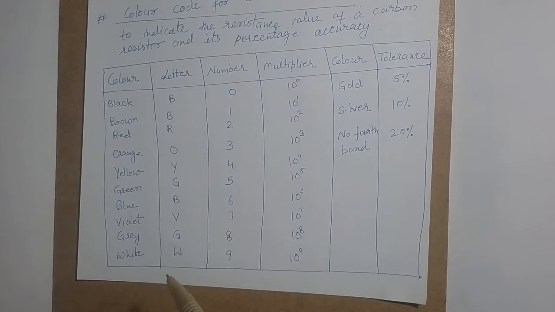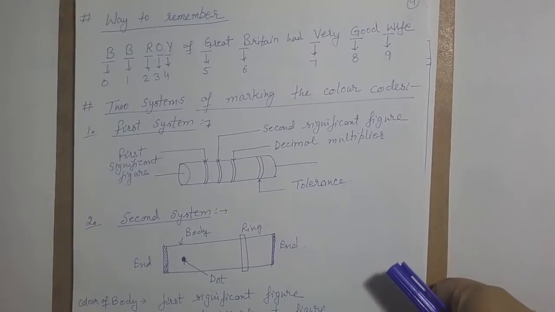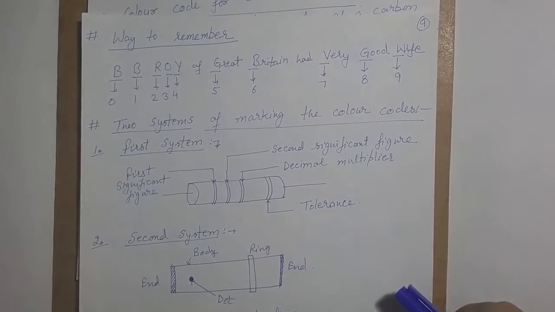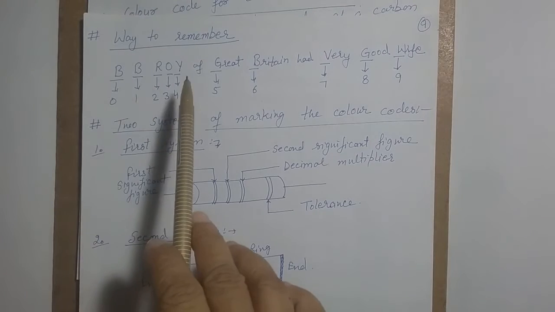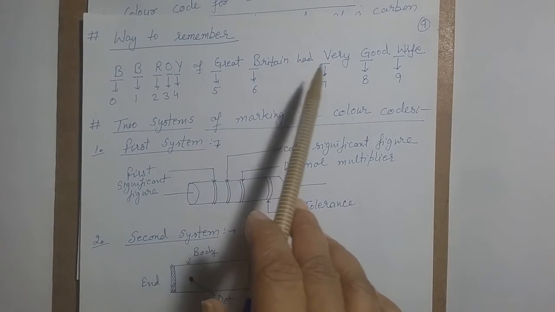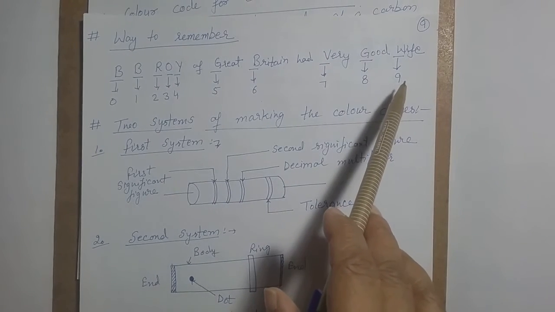G for Great, B for Britain. In this manner, you can easily remember and easily find out the exact value of a given resistor.